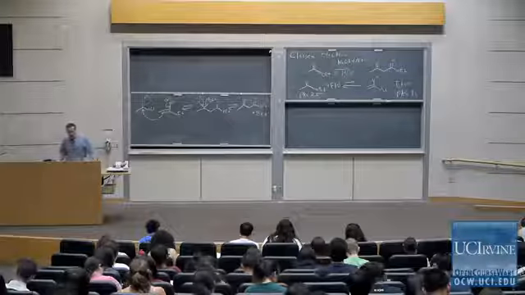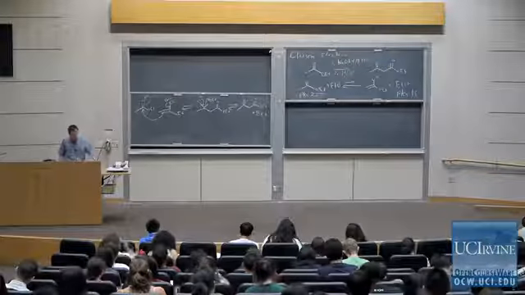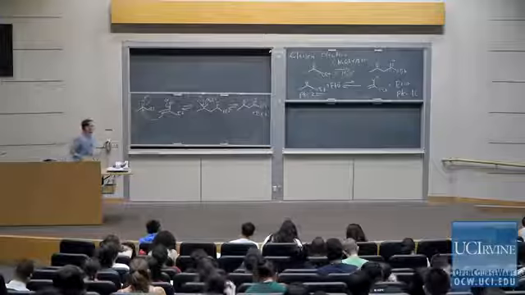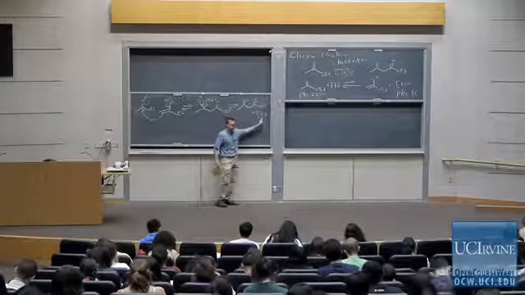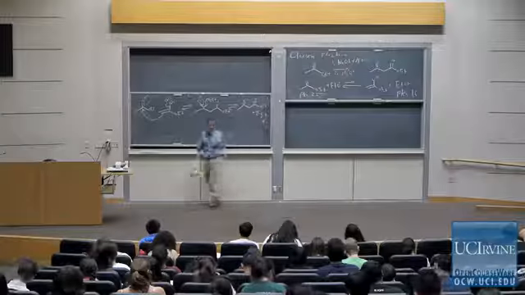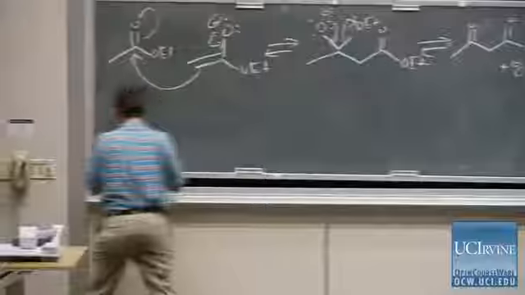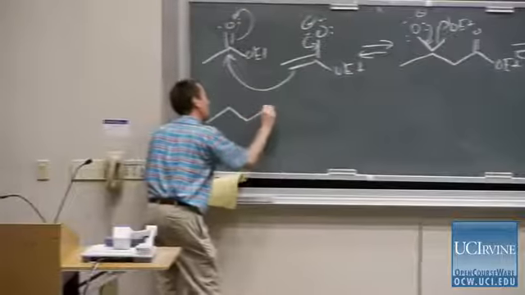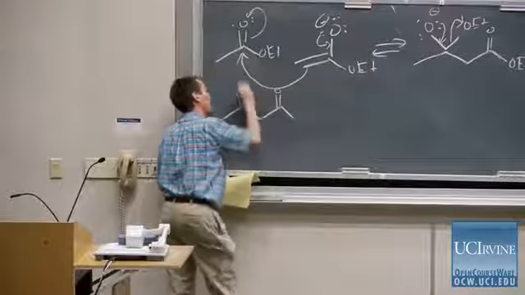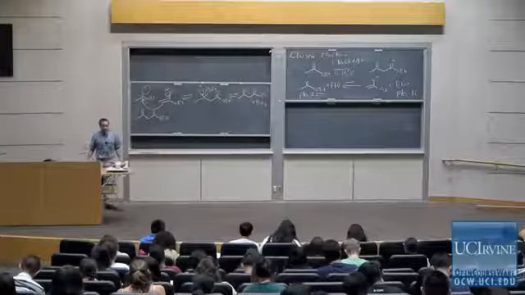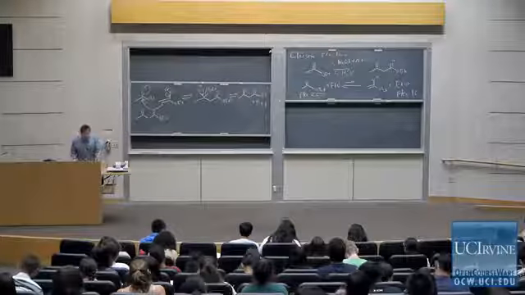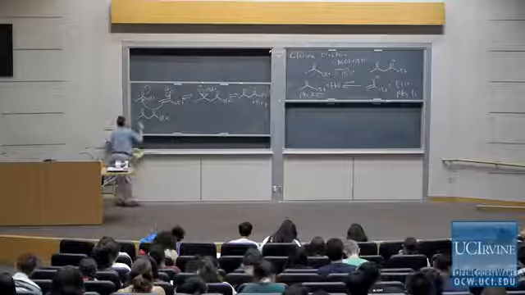We get our product. Well, kind of, sort of. See, our ethoxide is a good base here, pKa of about 16 for the conjugate acid, and our 1,3-dicarbonyl compound is reasonably acidic. pKa of ethyl acetoacetate is 11.